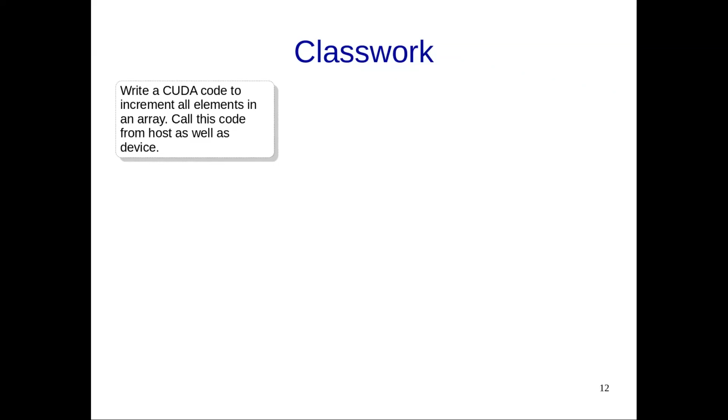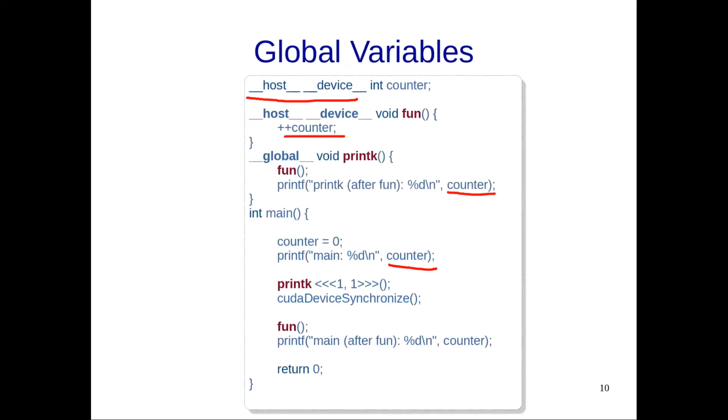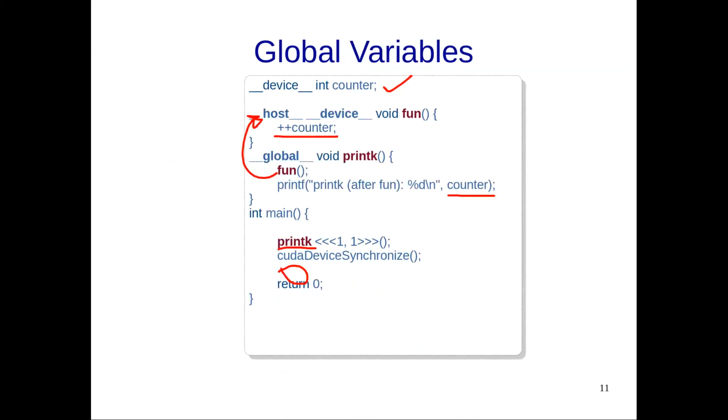And even if it is a dynamic variable, even if I define some malloc, some pointer to an array, then also no need to transfer to the device? No. Whatever we are doing with CUDA malloc, that needs to be transferred.